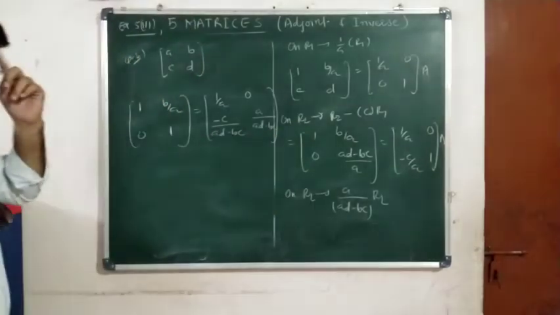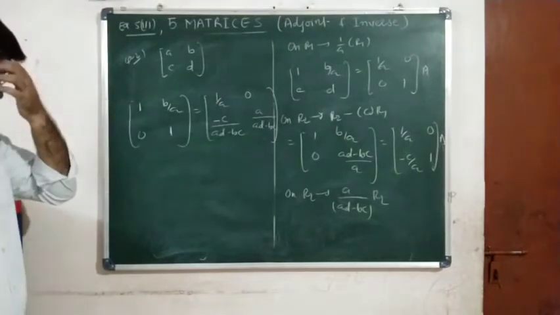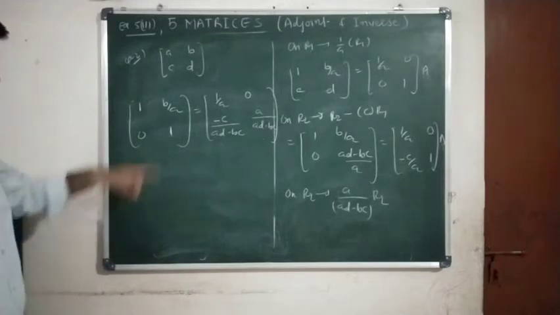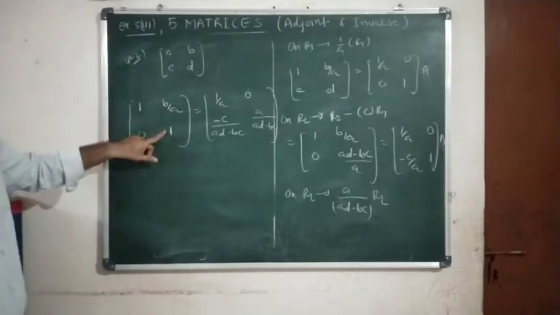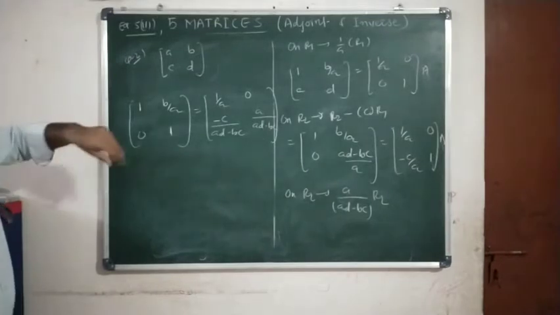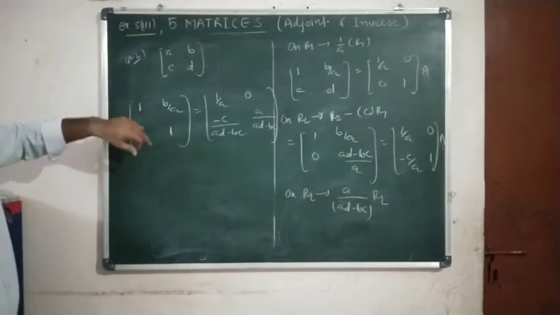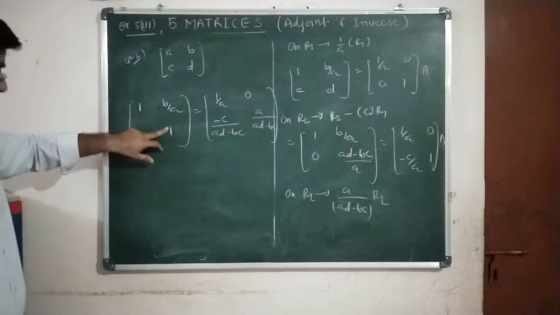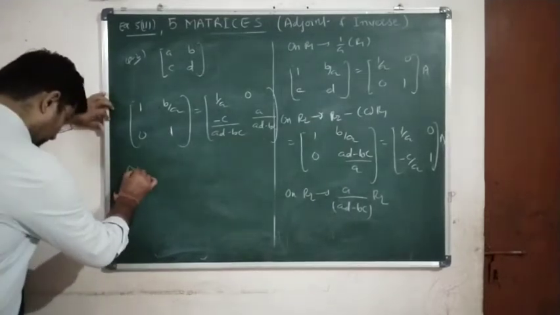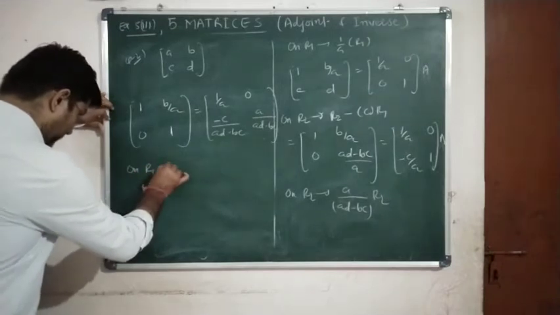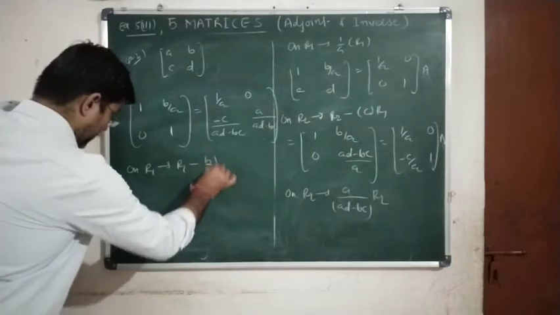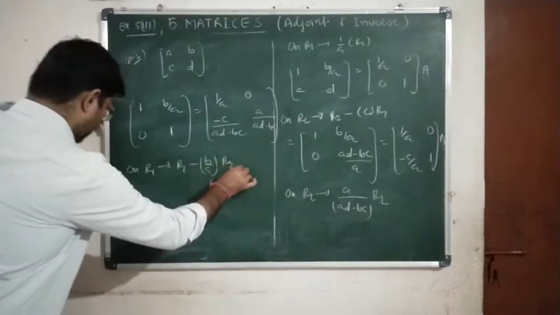Okay, now finally over here we want to bring 0. Yes or no? So in order to bring 0 over here, we have to multiply by B by A, and then we will subtract. Yes or no? So on R1 minus B by A into R2.